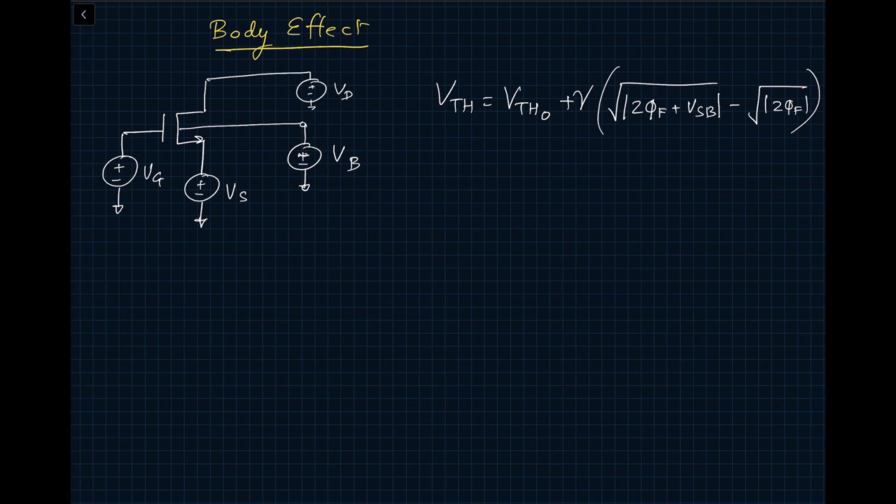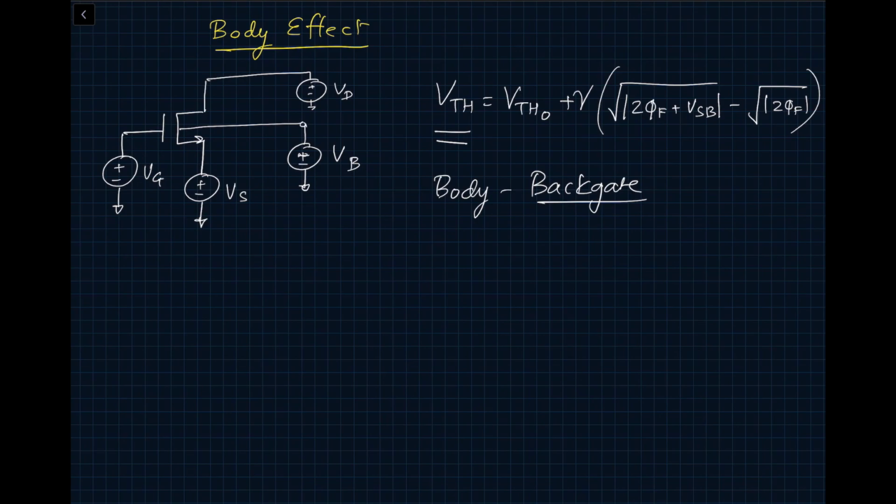So just like the drain current changes because of potential difference between the gate and source, you could also say that the drain current changes due to potential difference between body or bulk and source, since VTH is changing. We can call the body or the bulk also a gate. However, it's called a backgate. So body is also called backgate. So there are two terminals which can control the current of a saturated MOSFET transistor. One of them is the regular gate and the second one is the backgate.